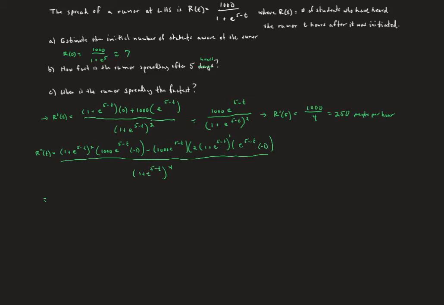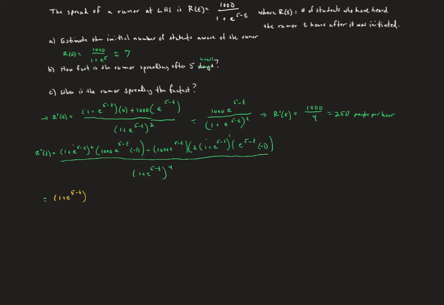It looks like we have a factor of 1 plus e to the 5 minus t in both of those. That sounds right? So I think a 1 plus e to the 5 minus t. Looks like we also have what?